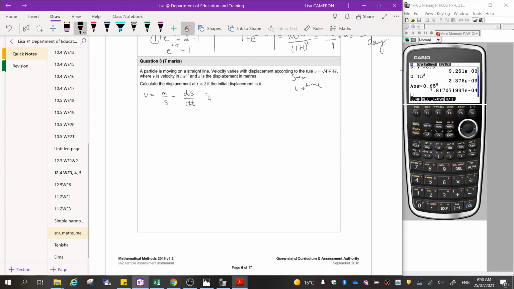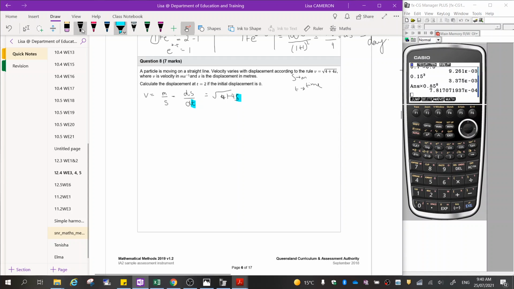Now, they have given us that in terms of the square root of 4 plus 4s. Now, normally what we would have in a question is dy over dx, and then there's x in the question. So see how these two don't match?